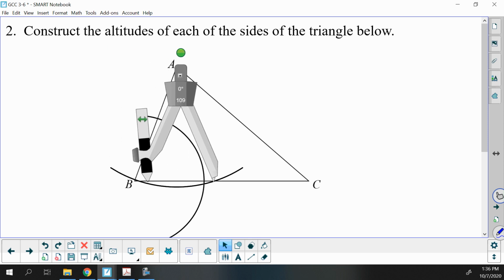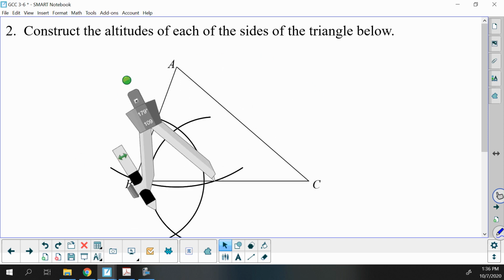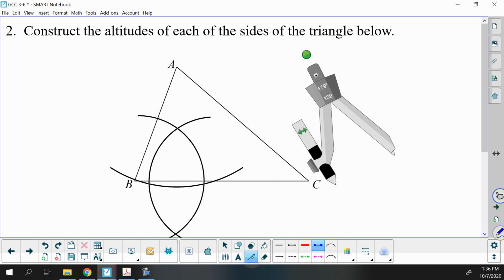And then we'll go to our other intersection point. We're going to swoop it up and swoop it down. Oops, that was the pen. I wanted the line. So then we'll connect our intersection points.